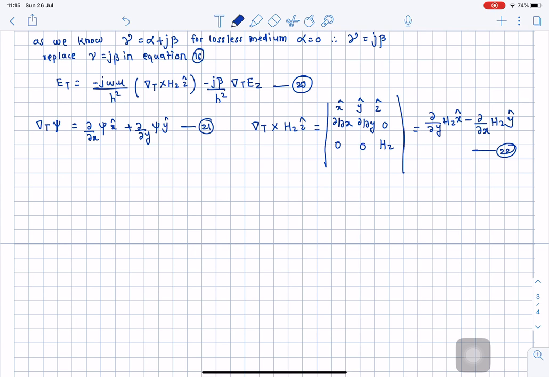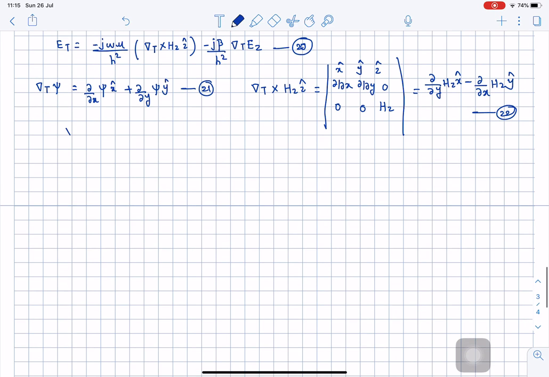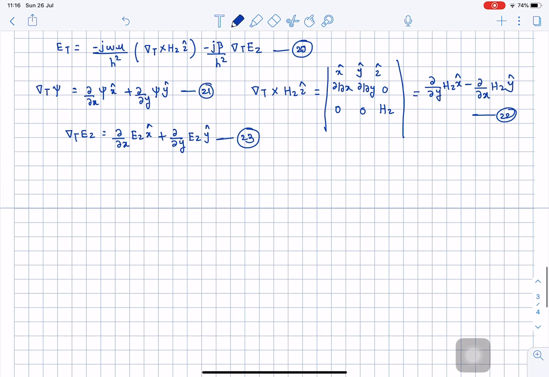Similarly, how can we write the term del of t into Ez? This can be written as del by del y of Ez x cap minus del by del x of Ez y cap. Let us call this equation number 23. So what we do is we substitute equation 22 and equation 23 into equation 20.